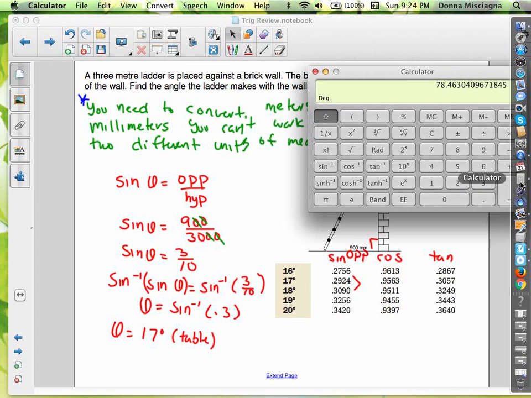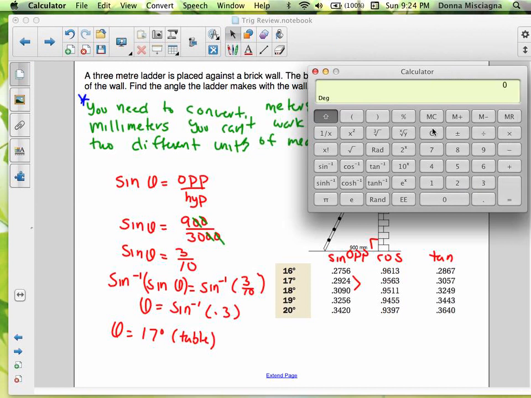Right, so we have 0.3, and we want arc sine this time. And see, if you put 17.5, you'd be pretty close, because that's 17.46 to the nearest hundredth.